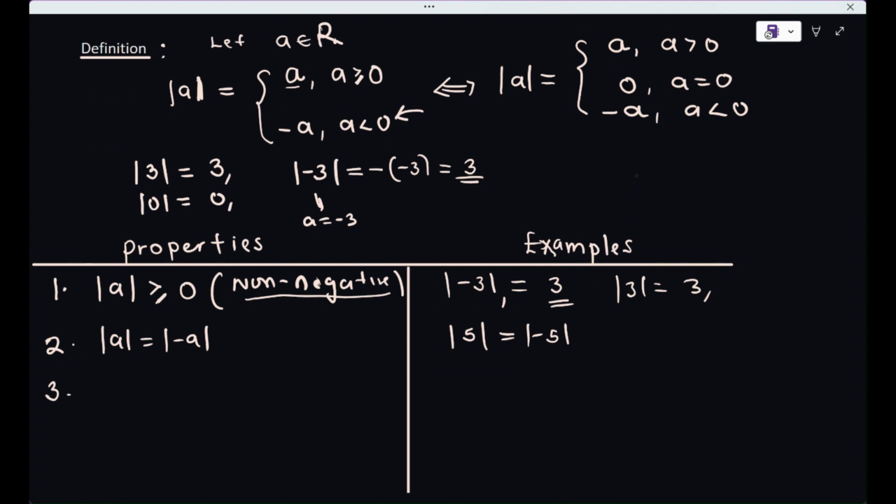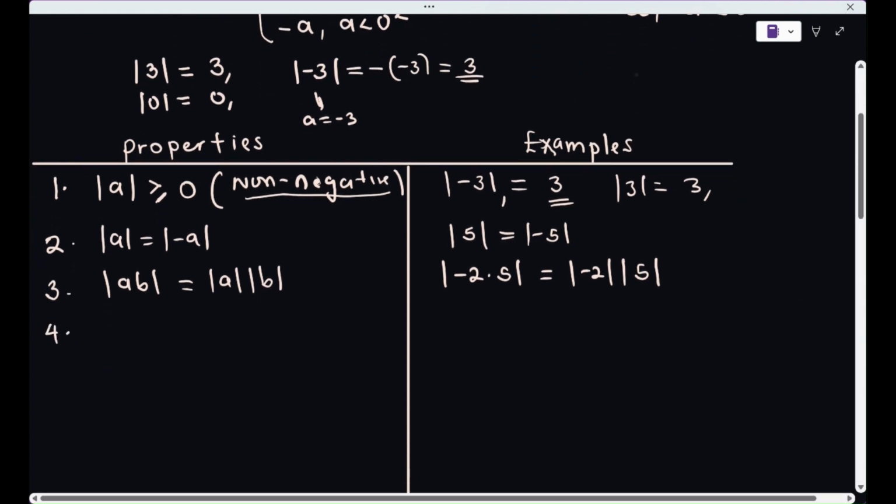Property number 3, if you have absolute value of A times B, AB, you can distribute the absolute value so that you have absolute value of A times absolute value of B. For example, if you have absolute value of minus 2 times 5, you can write it as absolute value of minus 2 times absolute value of 5.